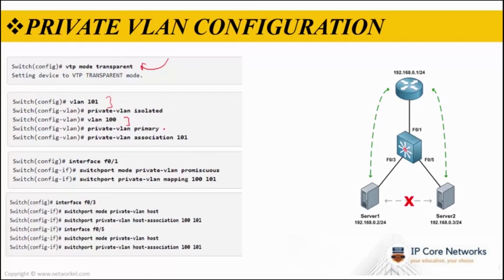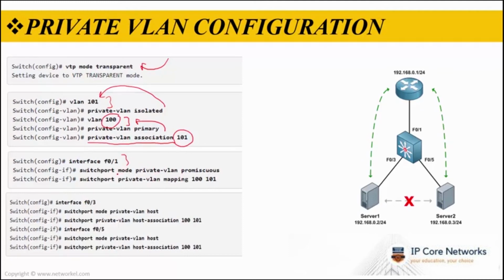The primary VLAN is this, and the isolated VLAN is this. And then we are defining a private VLAN association between 101 and 100 by using the private-vlan association 101 command.